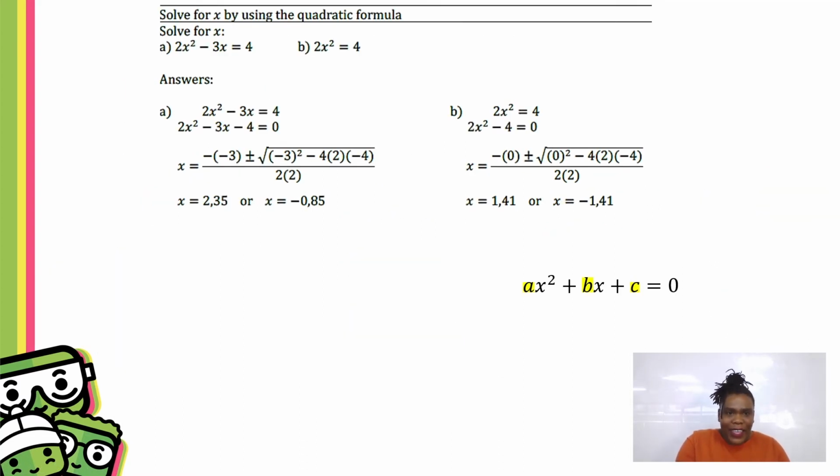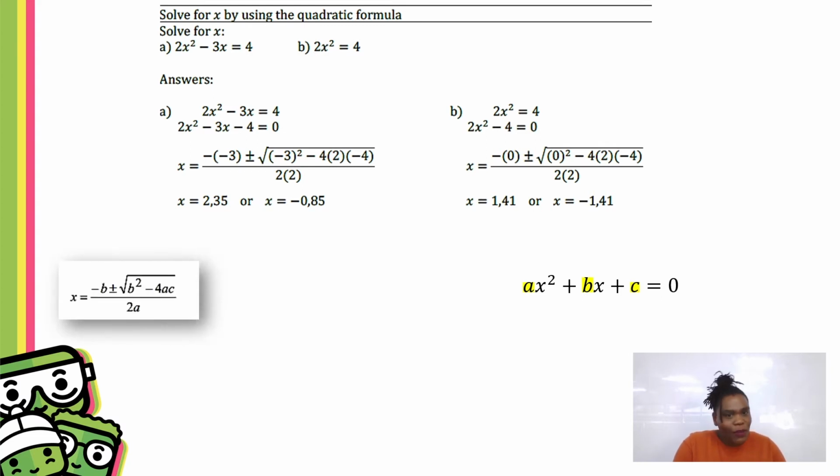And then secondly, here we also have a quadratic equation, but this time around, it's not factorizable by just opening up your two brackets. You can't use the null factor law, and you cannot use a difference of two squares because you do not have a difference of two squares. If you look at A, which is 2x squared minus 3x equals 4, so you do what you do when you have a quadratic trinomial: take everything to one side of the equation and use the quadratic formula.